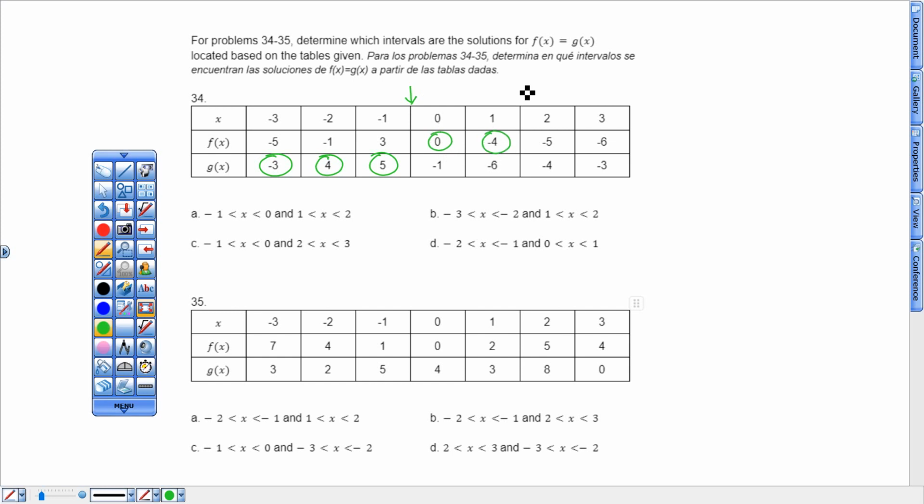But then right here, another switch. Now, this bottom number, -4, is bigger than -5. -3 is bigger than -6. Once I find those switches, I use these numbers on the x-axis to describe where that switch is happening. So between -1 and 0, and then 1 and 2. So the only one that shows between -1 and 0 and 1 and 2 is this one right here.